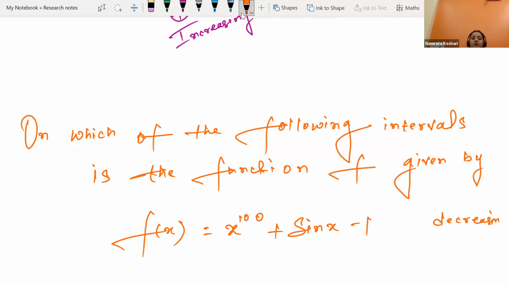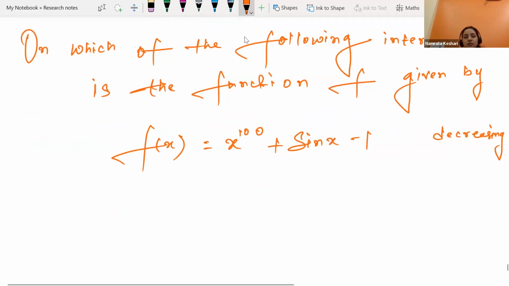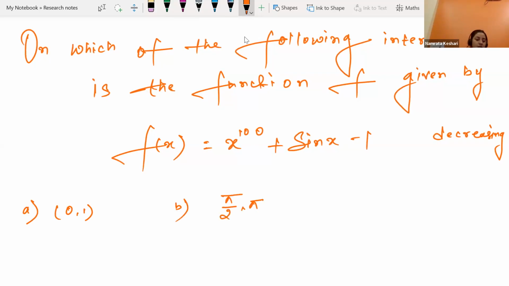Okay, and the intervals are given as 0 to 1, pi by 2 to pi, 0 to pi by 2, none of this. That means we are going to check one by one for each interval, because interval is important, right? Yes, ma'am. So we'll be checking one by one.